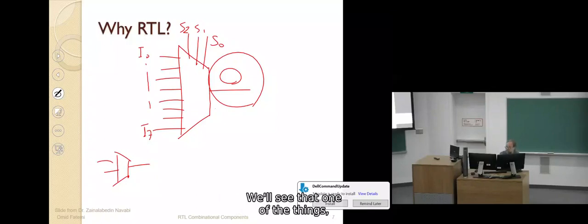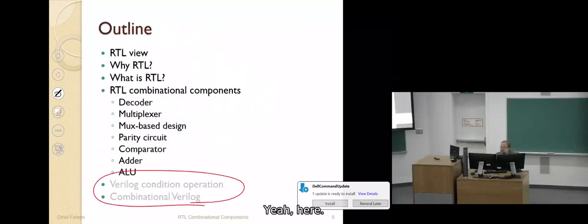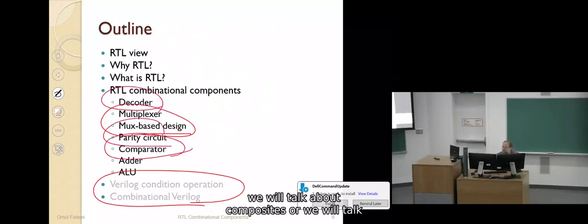We will see that. Multiplexer is here, yes. So we will talk about multiplexer, decoder, parity, comparator, adder, and then ALU. These things we are going to talk about here as combinational components.